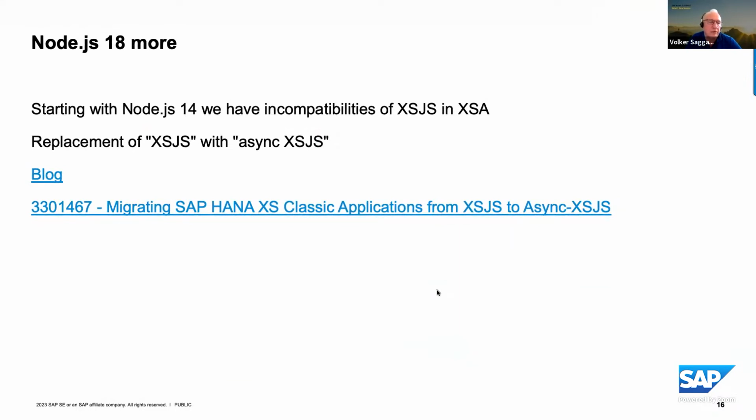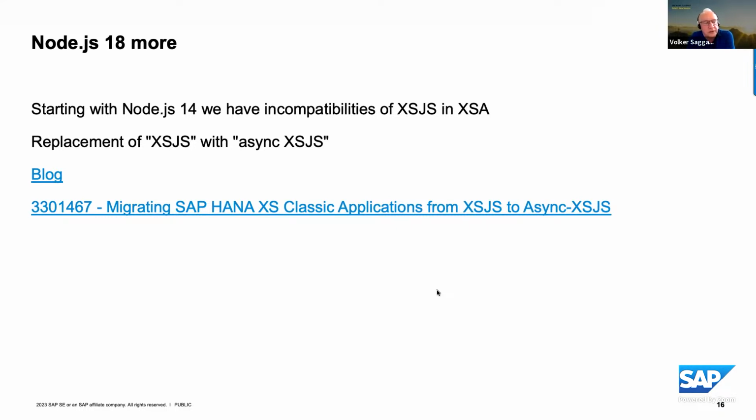There is a problem with Node.js and XSJS, which started already in Node.js 14, and that is that we have incompatibilities with XSJS, and you have certain problems there. You have to replace your XSJS code with asynchronous XSJS, and you have to refactor your code.